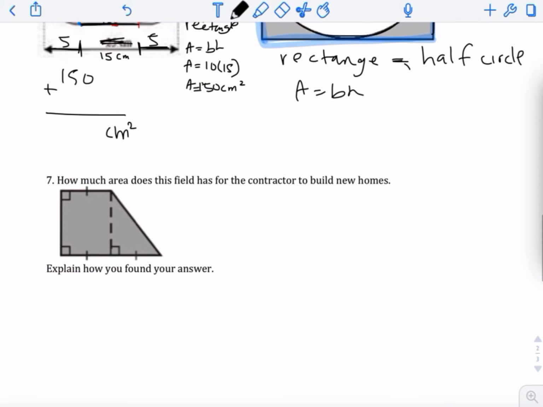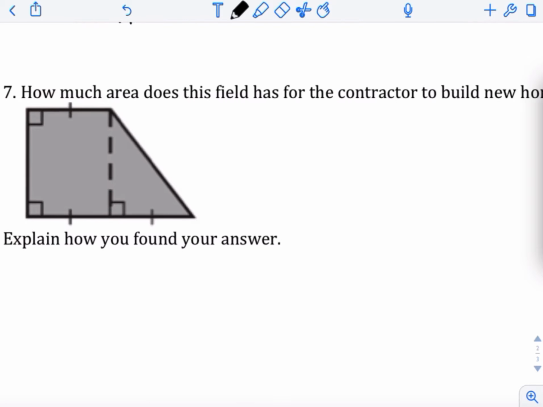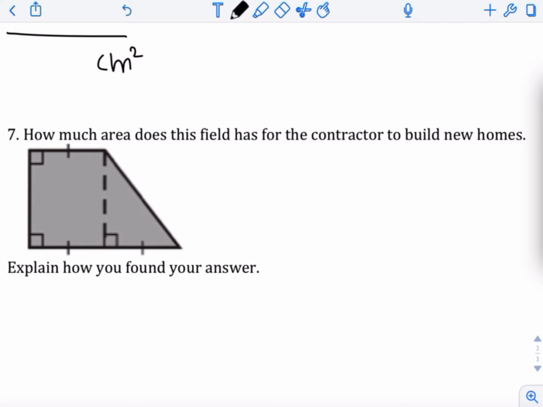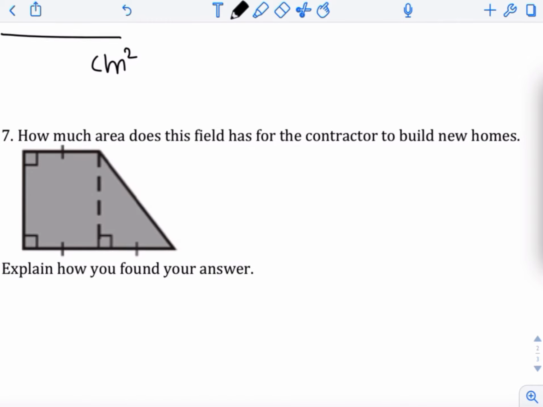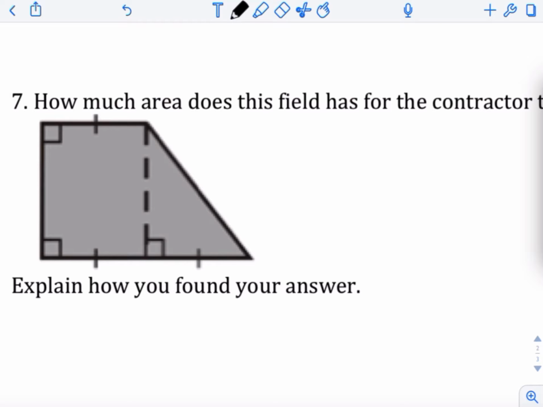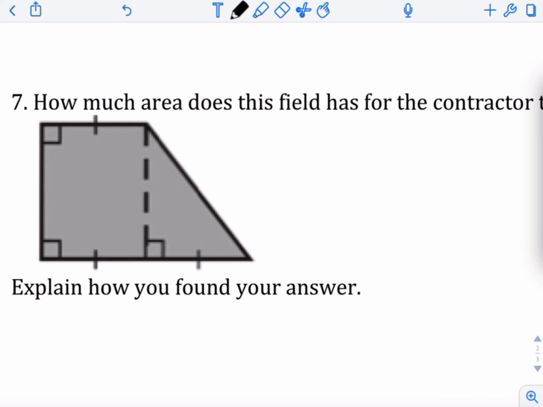I forgot to put this too, but this is easier. How much area does this field have for a contractor to build your new home? Well, this is how much land you've got. You want to build a new home. Area, remember, is land.